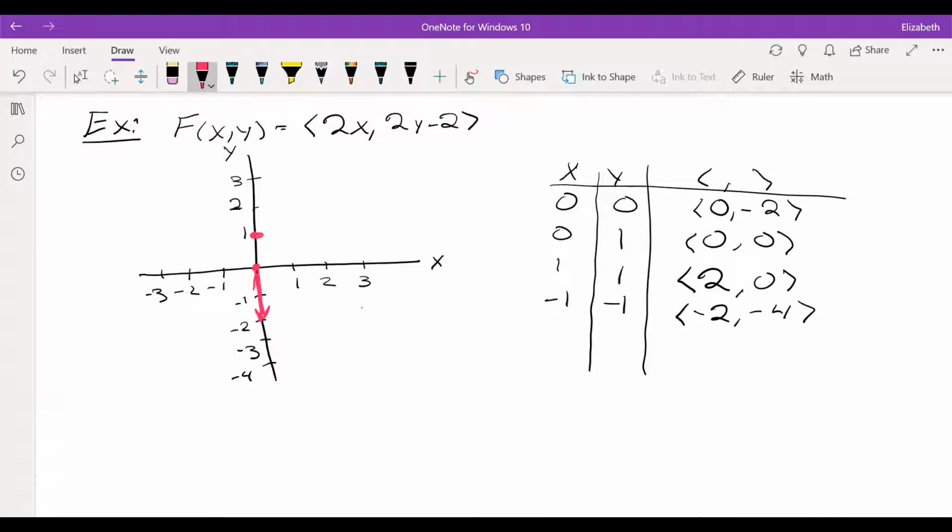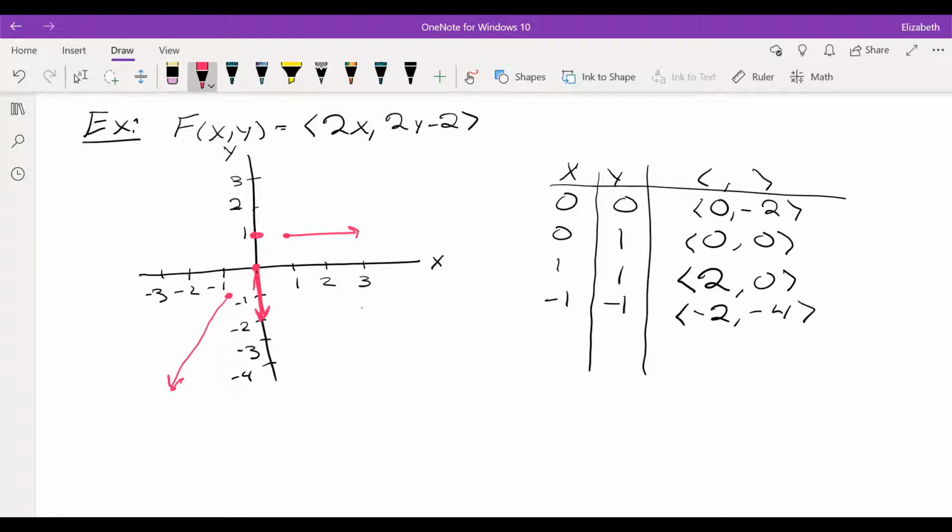So I don't really draw a vector in any direction there because that is the 0 vector. At the point 1, 1, I'm going to get the vector 2, 0. So it's going to be 2 units to the right and 0 units up and down. And then at the point -1, -1, I'm going to go 2 units to the left and down 4 units. So my vector is going to look something kind of like this.